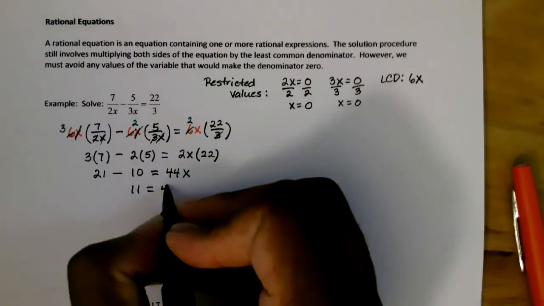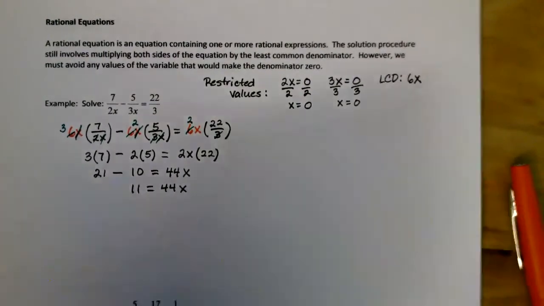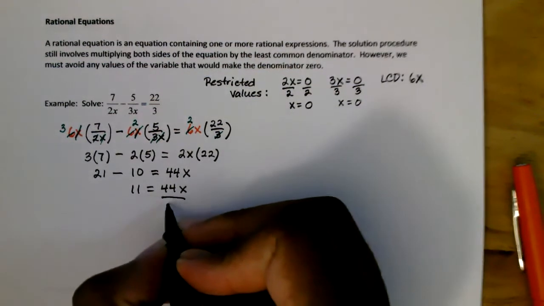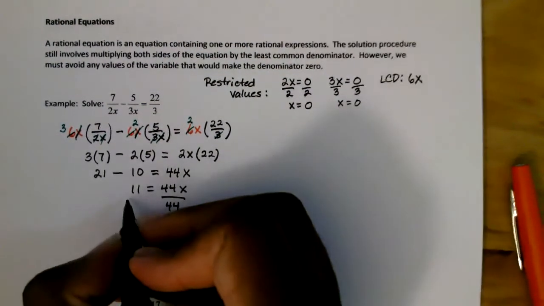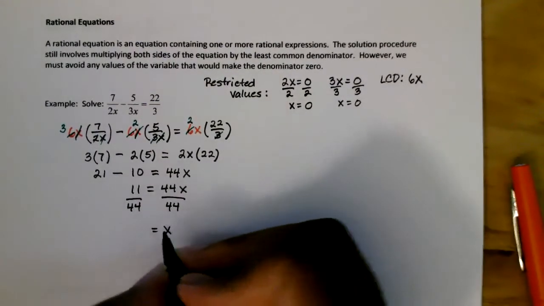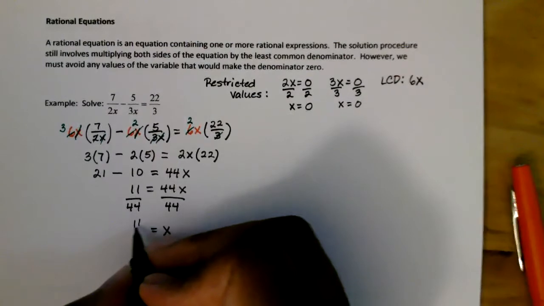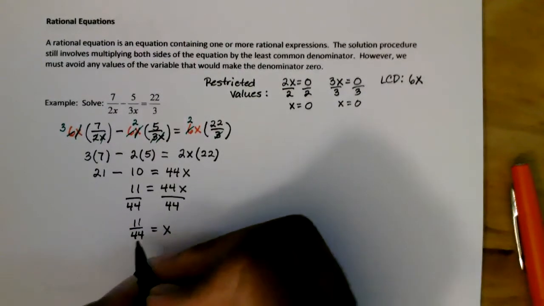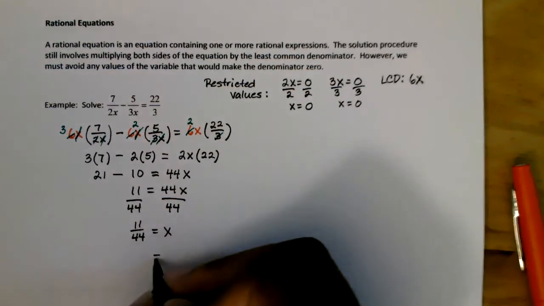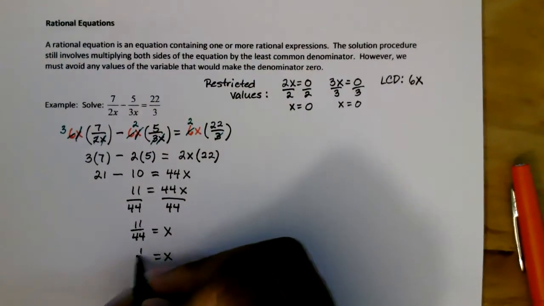So that's 11 is equal to 44x. And to solve for x, I'm multiplying it by 44, so I need to divide both sides by 44. So that means x is equal to 11 over 44. I can reduce 11 over 44 to 1/4.